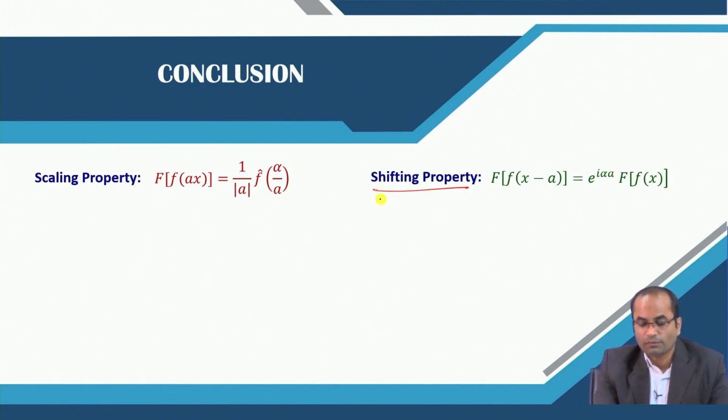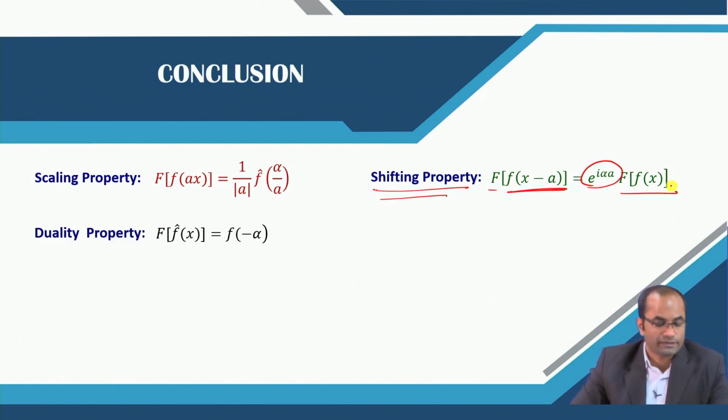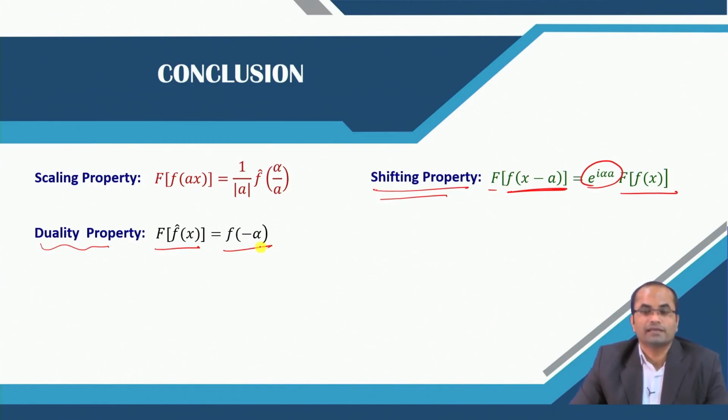There was a shifting property, which says the Fourier transform of f(x minus a) has an additional factor e^(i alpha a) times the Fourier transform of f(x). The duality property says that the Fourier transform of f hat(x) equals f(minus alpha).